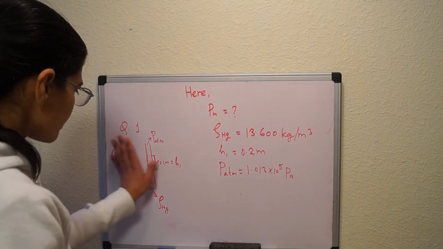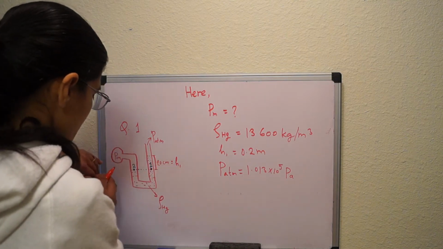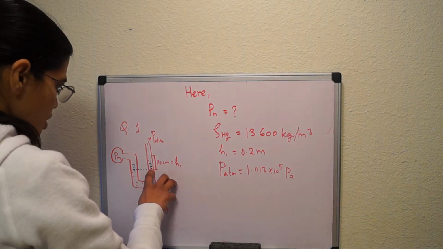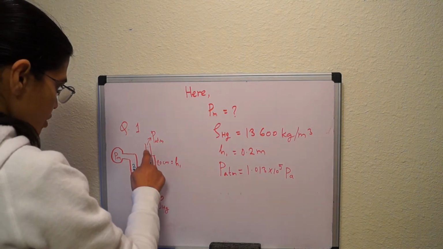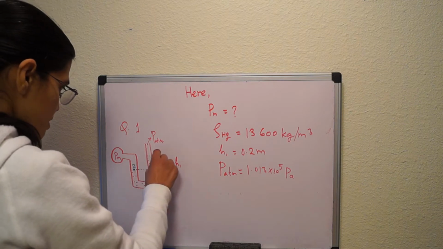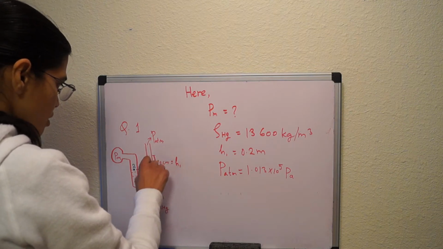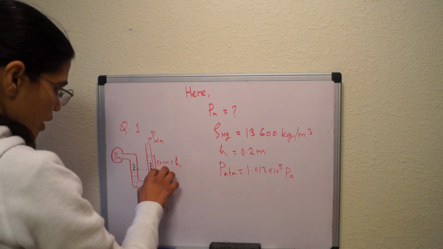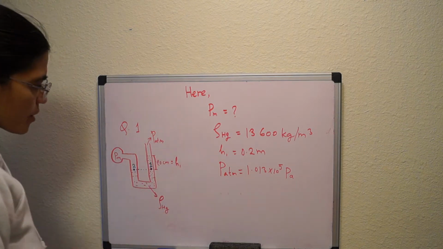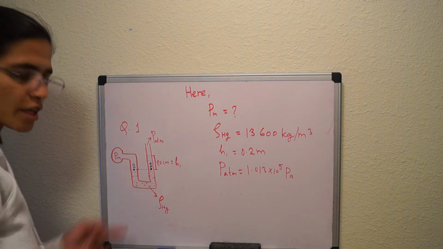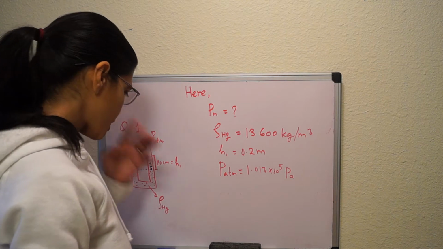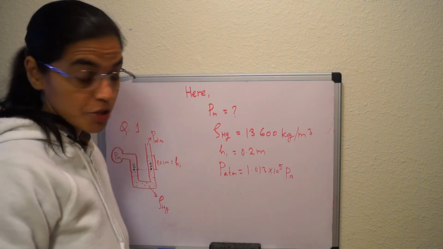Now, forget about everything else for now. At point 1 we can find the pressure due to the atmospheric pressure as well as the pressure due to the column of mercury at this height, h1. We know this fluid is in hydrostatic equilibrium, so we can use the hydrostatic pressure equation.